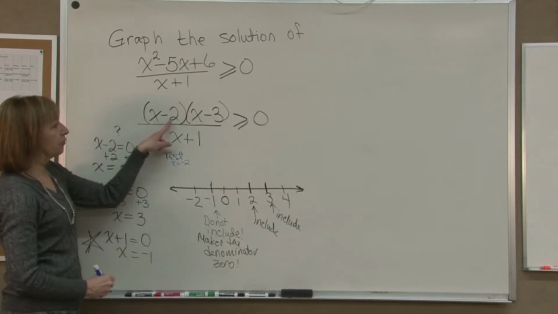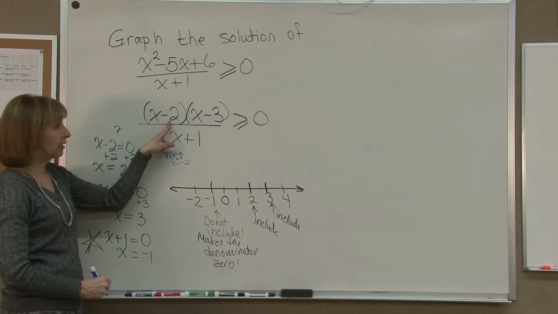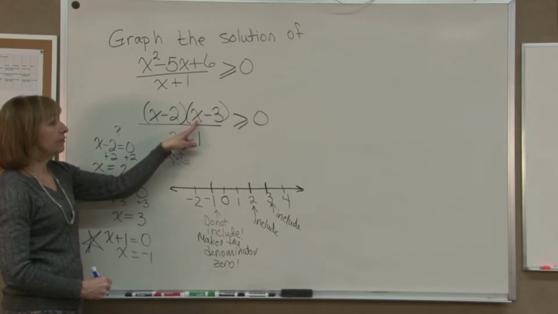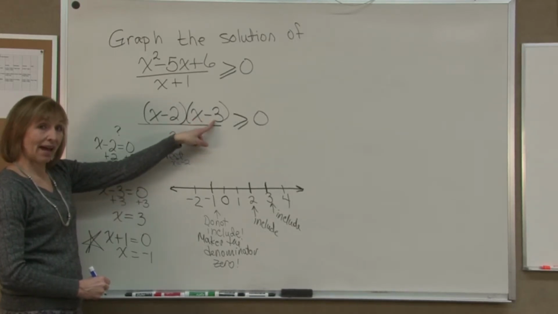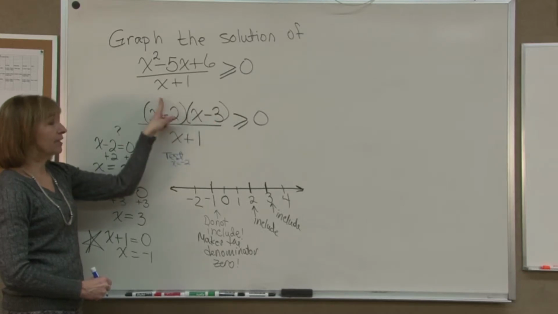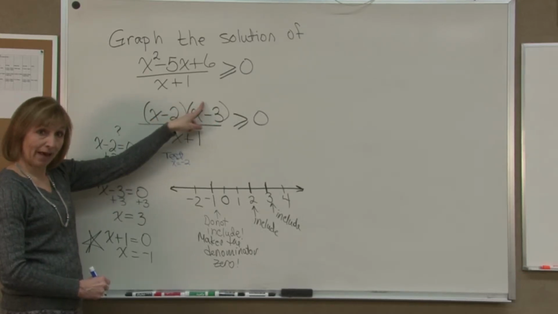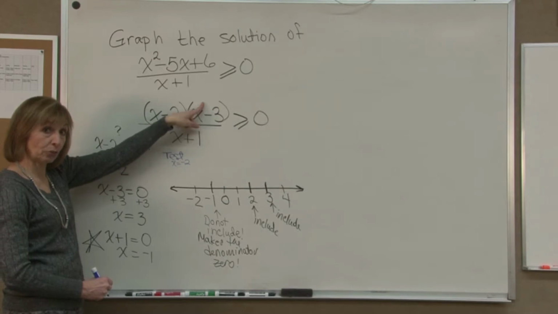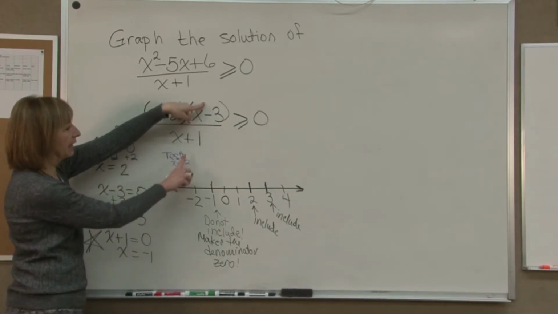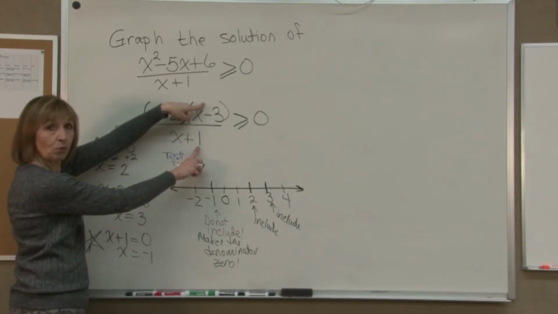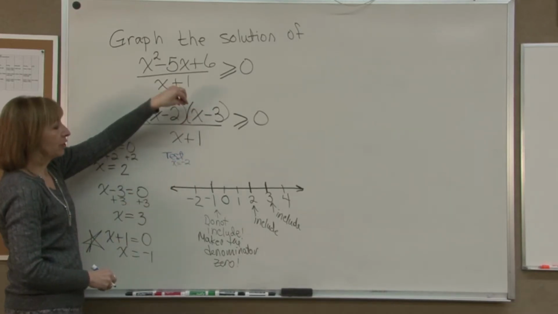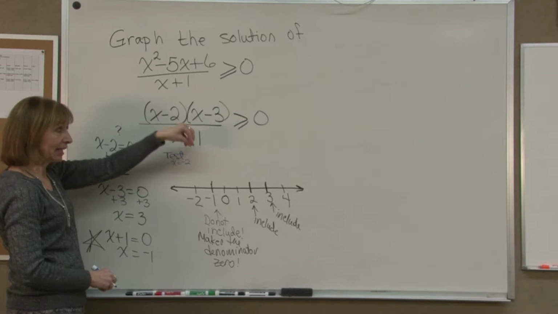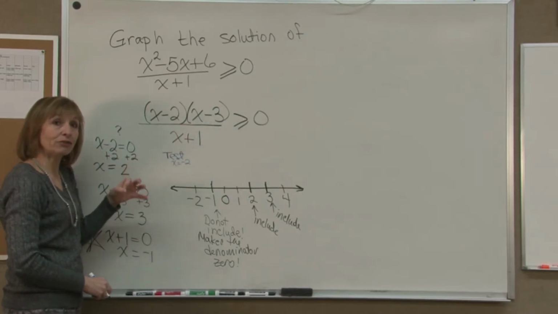Well, -2 minus 2 is -4. -2 minus 3 is -5. So I have -4 times -5, which is positive 20 in the numerator. And then -2 plus 1 is -1. So when I look at 20 divided by -1, that's -20.